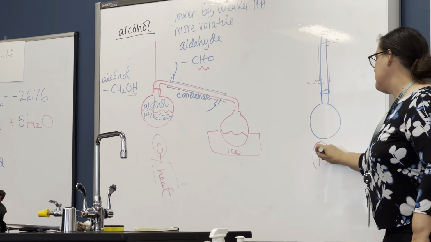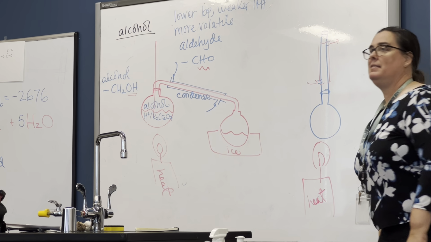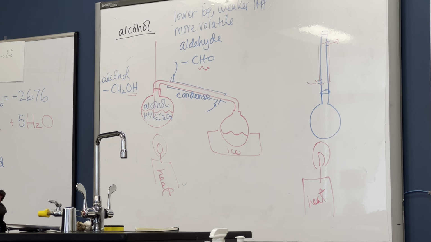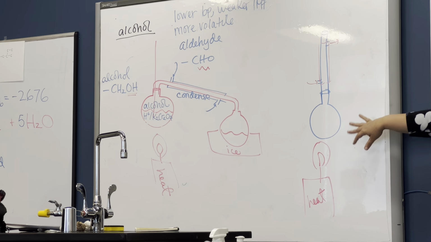Take the same heating source, the only thing I can pretend to draw is a candle, I'm really sorry. You don't use a Bunsen burner because this stuff is flammable, it's really dangerous. You use something called a heating mantle, it's like a pillow that gets hot. It's like the blanket you put on your bed, but it perfectly fits up against the round bottom flask. Yes, we have one. We need one, we have one.